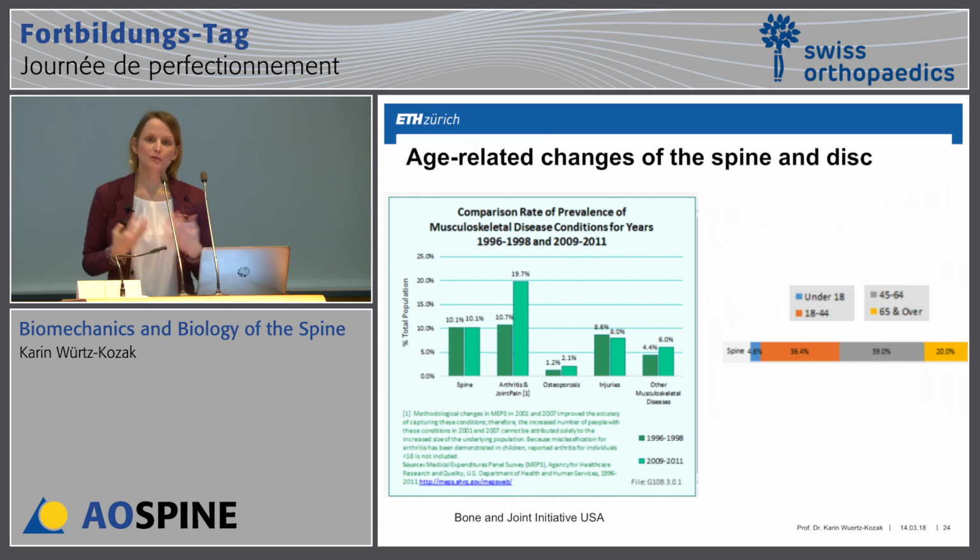Now, obviously you do know that age-related changes of the spine are very, very crucial. We've already talked about back pain and how much that costs and what a high prevalence it has, and the fact that it mostly affects the working population. So understanding these pathological processes is really crucial to be able to develop novel treatment options.